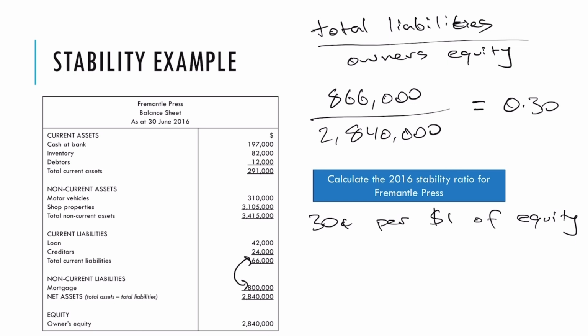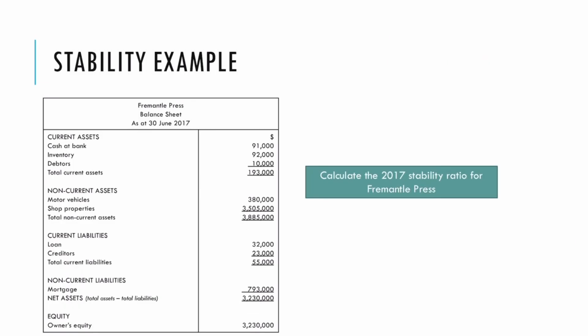The company's total equity far outweighs the total liabilities that exist. The other thing we can do is compare it with the 2017 data. So again, we're going to take a look at our total liabilities, and do a little bit of addition.